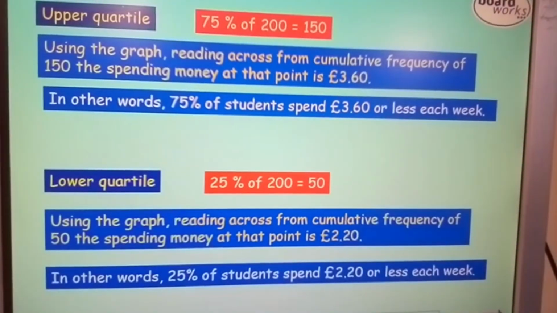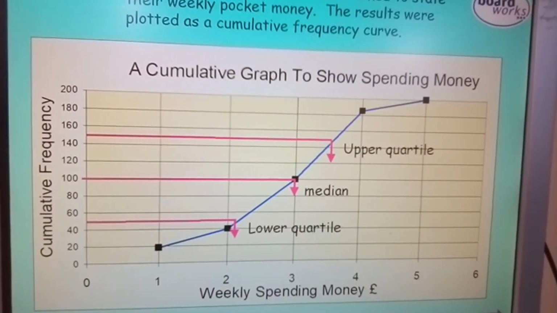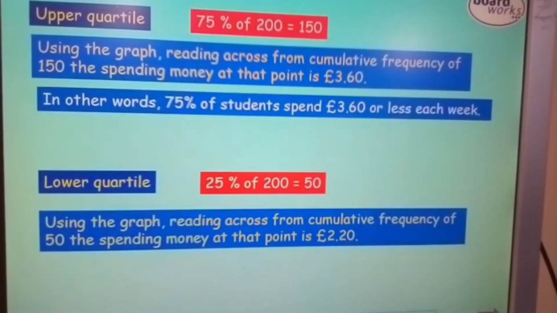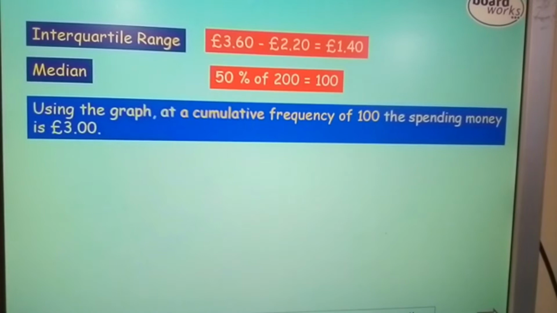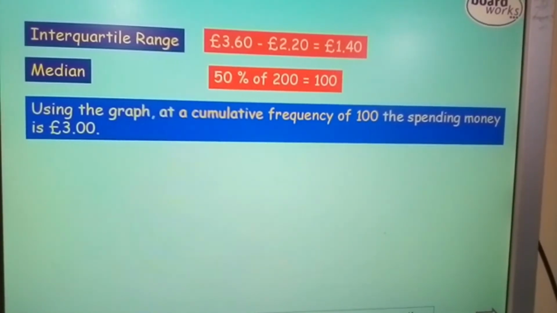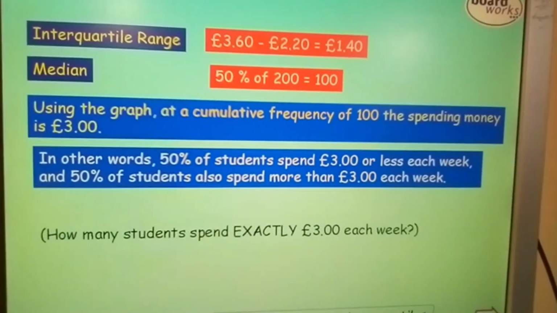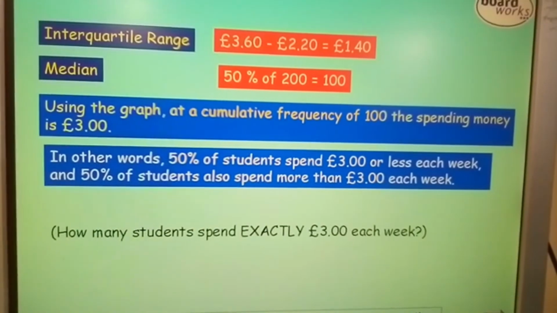I'm going to look at the graph. 100, that would be. Look back at the graph, it gives you the information that you need.